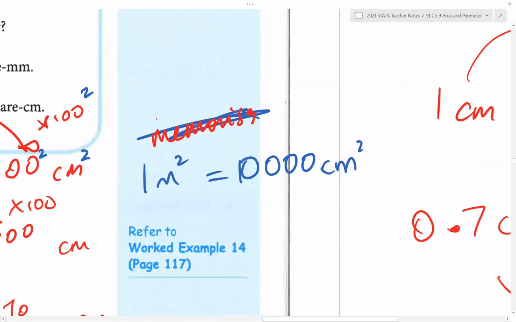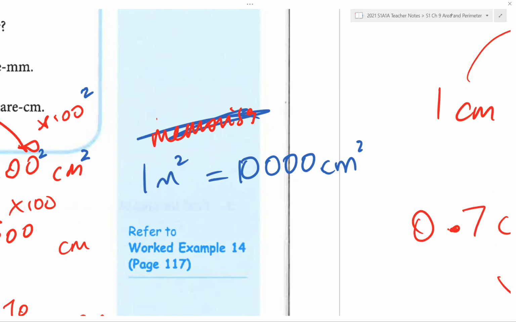This is something new. In primary school, you know 1 meter equal 100 cm. Now in secondary school, when we talk about area and length different. In area, we have the units as cm square, meter square. So the conversion is not just multiply by 100. We're going to multiply by 100 square. Okay, so far.